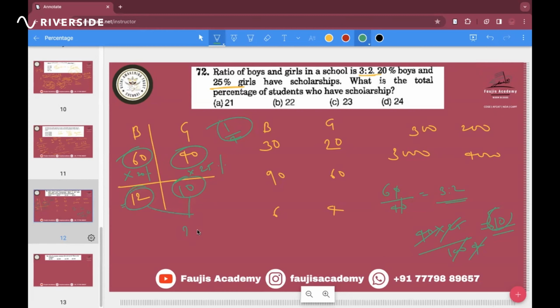So what is the total number of scholarships we have in the class? Muilan, how many scholarships are there in total?